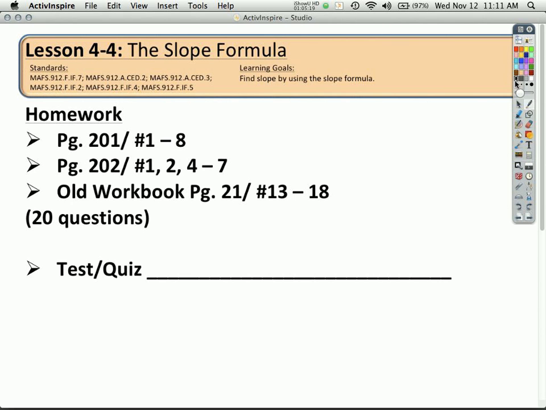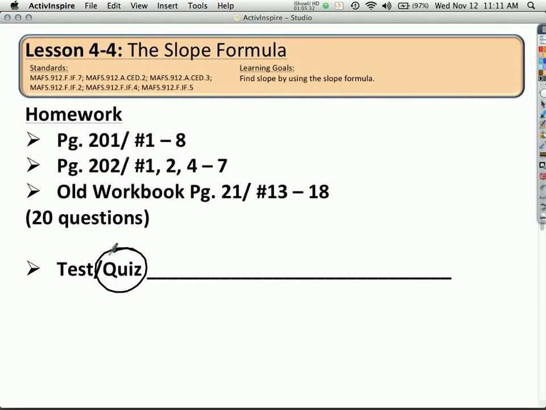And then in the old workbook, which I gave you the other day, you're doing 6 questions, 13 through 18, and those are critical questions. You will have a quiz. It will be, today is Wednesday, Thursday, Friday. And that will be 4-1 through 4-5.